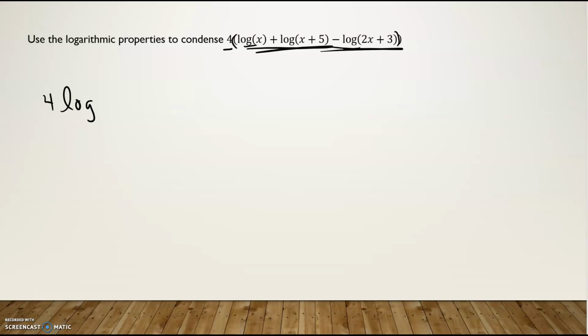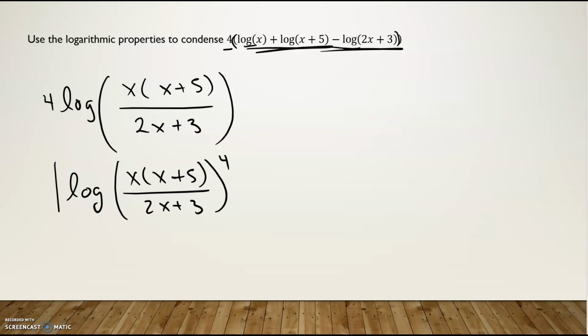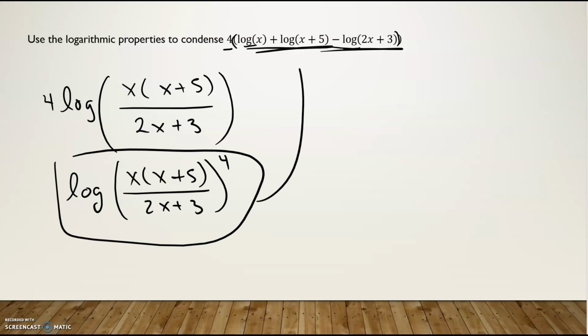This is subtracted, so we have x times x plus 5 over 2x plus 3. And then that 4 can become an exponent like this. And now this is the condensed version.